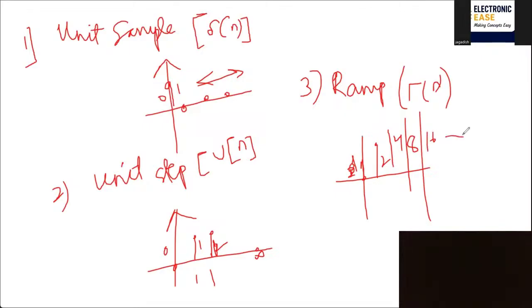Okay, so fourth will be exponential. In exponential, we will have two types: growing and decaying. Growing, what happens? Small values become large.